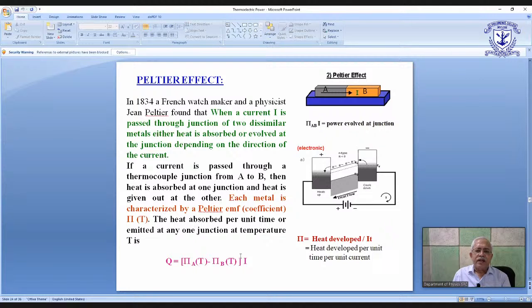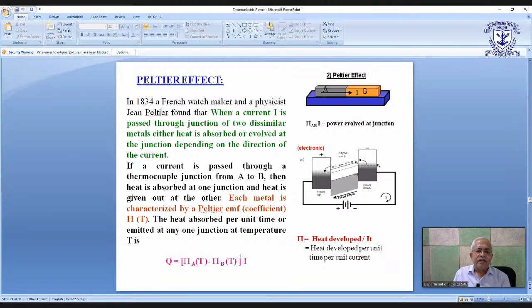It is seen that each metal is characterized by a certain Peltier coefficient, because the moment you have current flow, you would have a certain potential difference applied across the circuit and a certain temperature difference at the junction. So once again, you have a temperature difference plus a current flow.